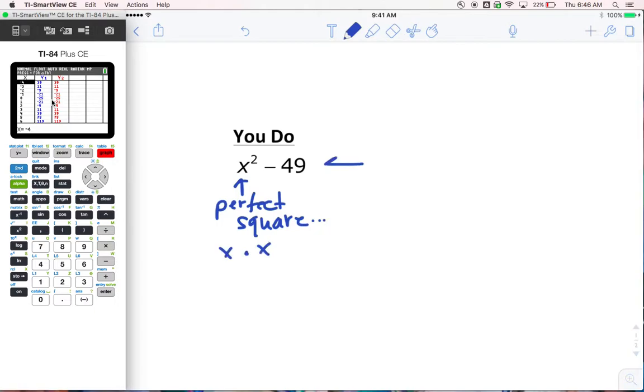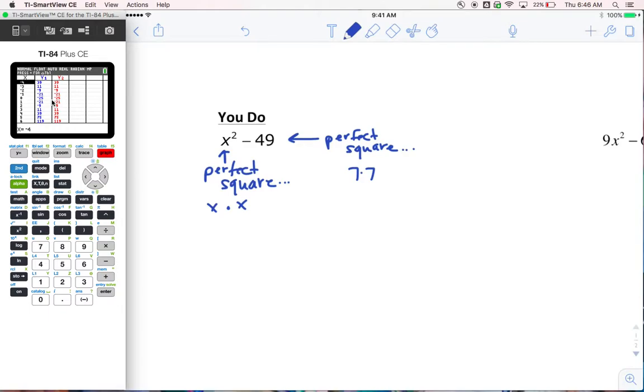And this is a perfect square because it is 7 times 7, right? So my final factored form here, because I have the difference of squares, is going to be x and 7, and one needs a minus and one needs a plus. And that's my final answer.